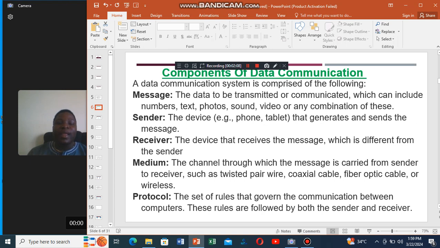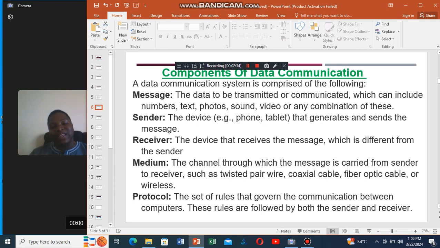The message is the data to be transmitted or communicated, which includes numbers, text, photos, sounds, videos, or any combination of them, maybe sound and text, or numbers and text. Then we have the sender, the device or person, the phone or tablet that generates and sends the message.